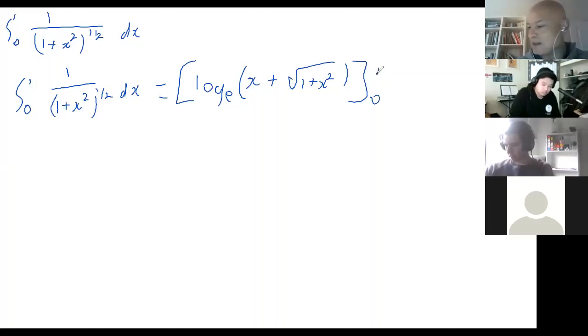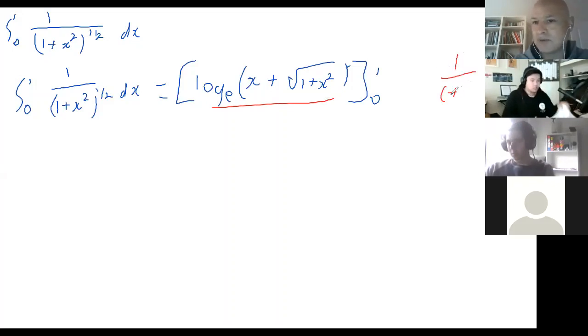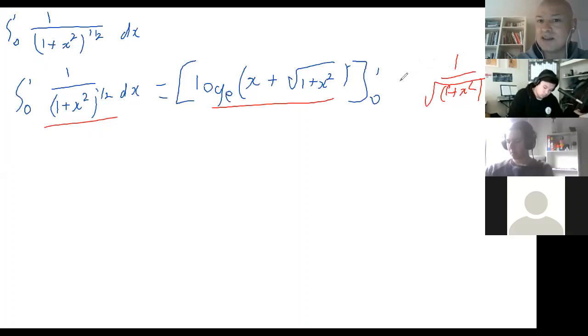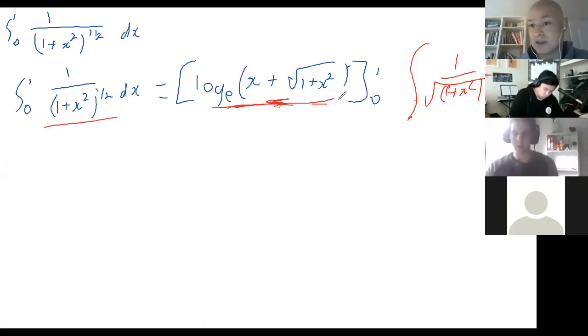Why? Because remember, when we differentiated this, the derivative of that ended up being 1 divided by the square root of 1 plus x squared. That's what we're looking for. So integrating this will give me back to that. Any questions there?